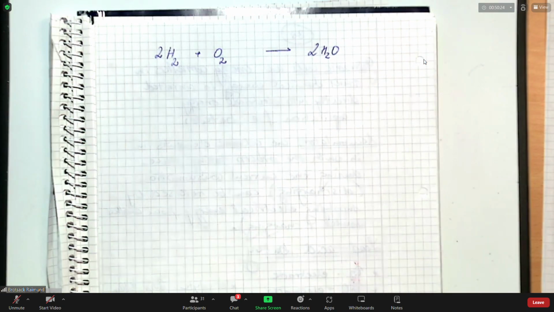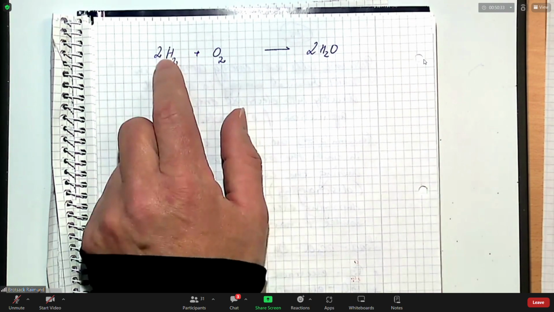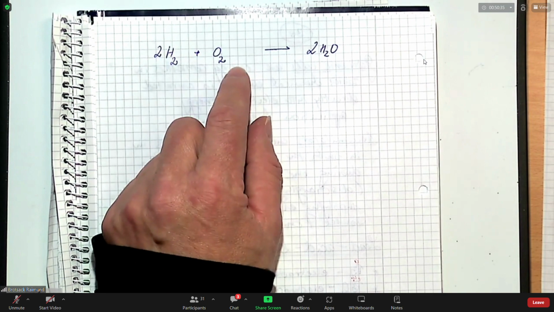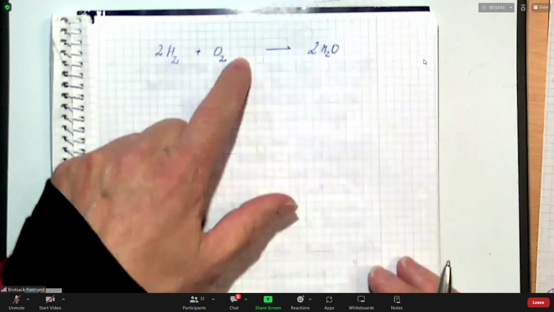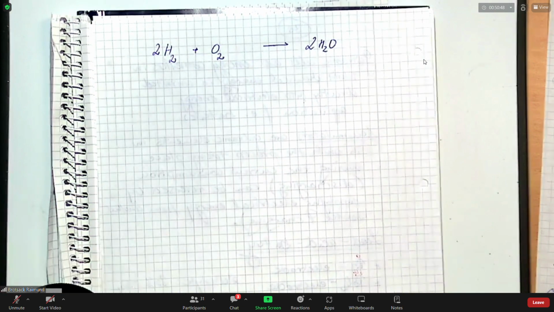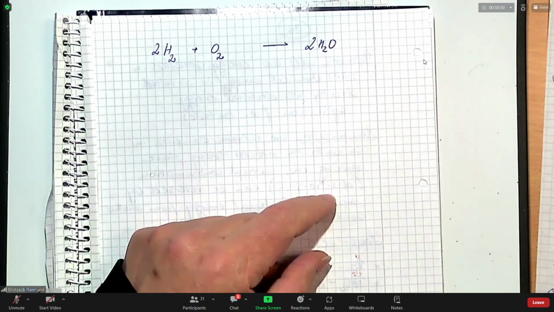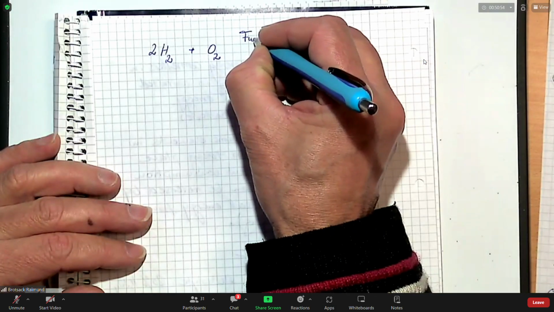This is the way how it works by itself. And if you ignite it, there's a big explosion. When you have exactly the ratio 2 to 1, it is a big boom. Or if you operate the system in a controlled way, you can even produce electrical power. And this is done in a fuel cell. We call it fuel cell.